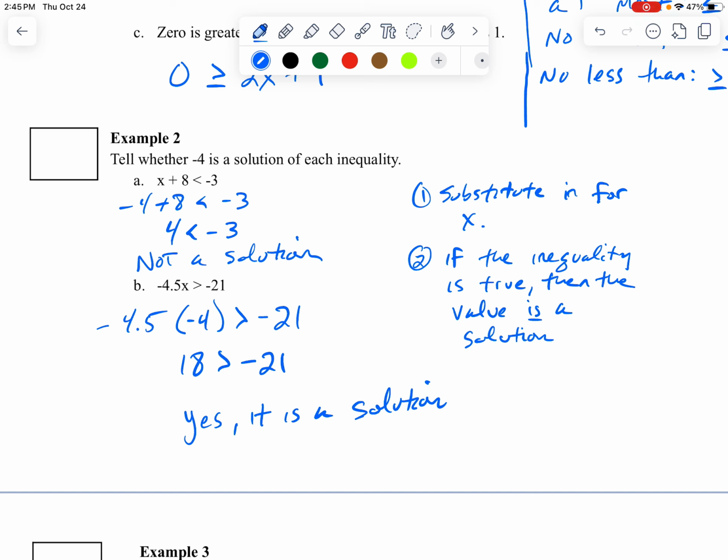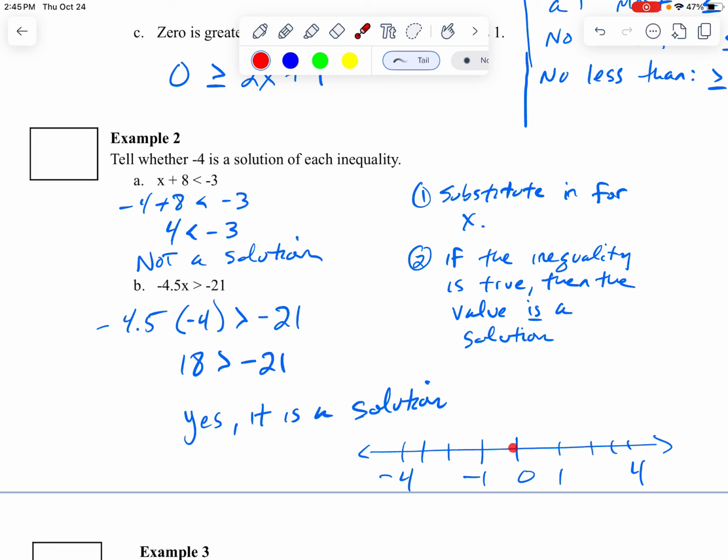One thing you need to be careful of with inequalities and negative numbers is recognizing that as we're going left, so easiest to think of this as a number line. Remember, as we're going to the left, if this is 0, -1, and I go a couple over, I'm at -4. Say this is 1 and +4.